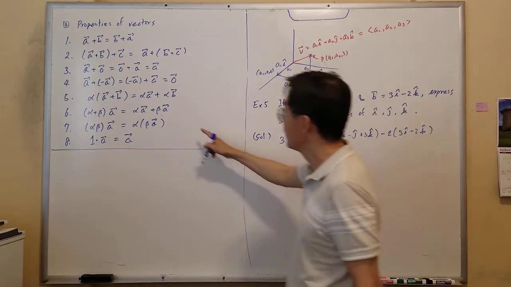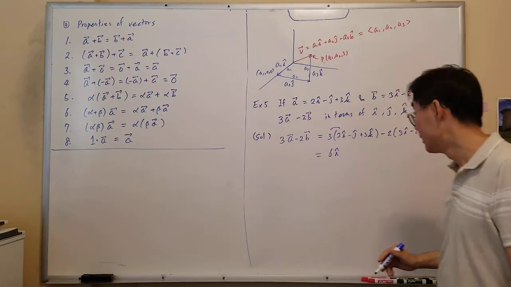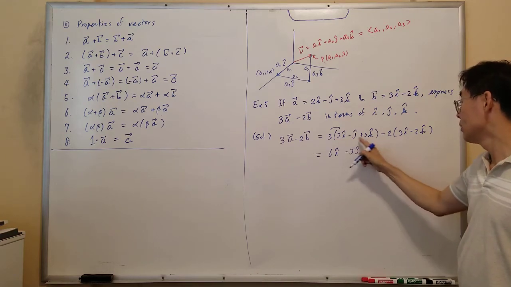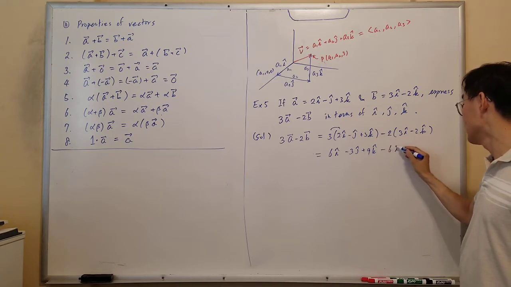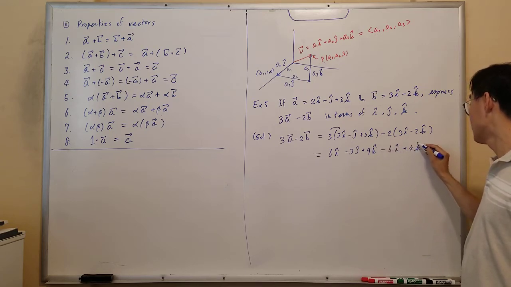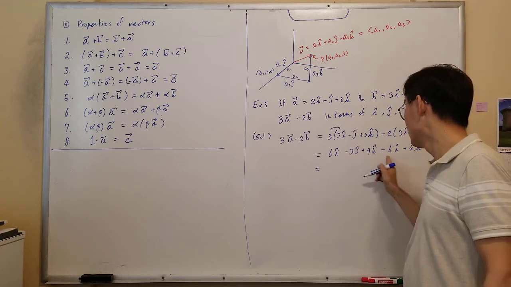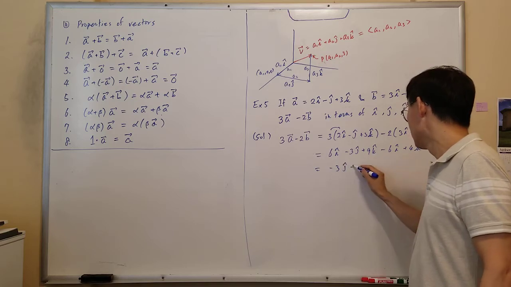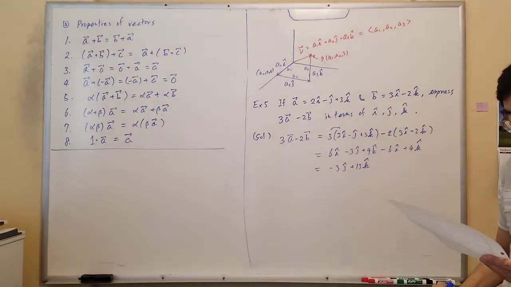So we're using this property and this property together. 3 times -1, so -3j. 3 times 3, 9k. Minus 6i plus 4k. And then combining like terms, the i terms cancel. Minus 3j, 13k. Alright? So you get this.